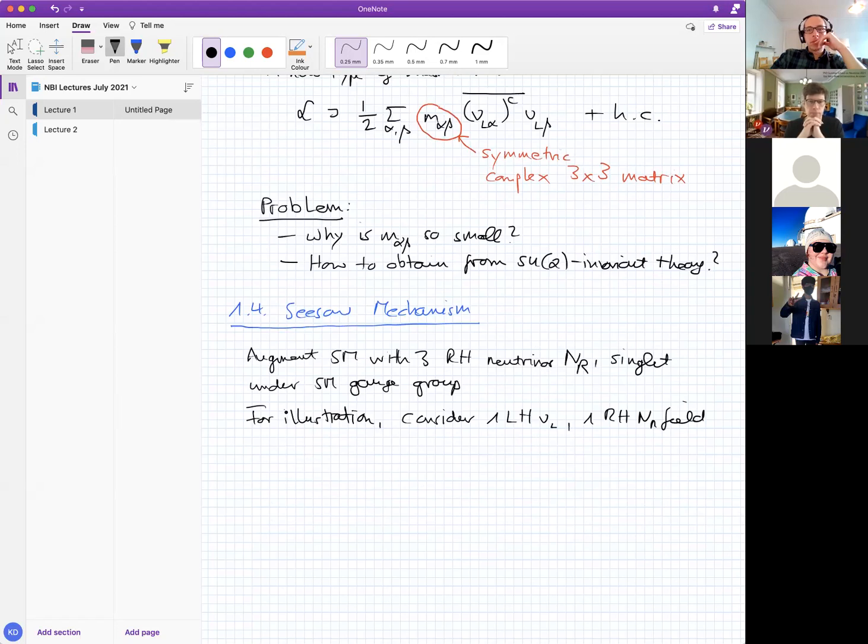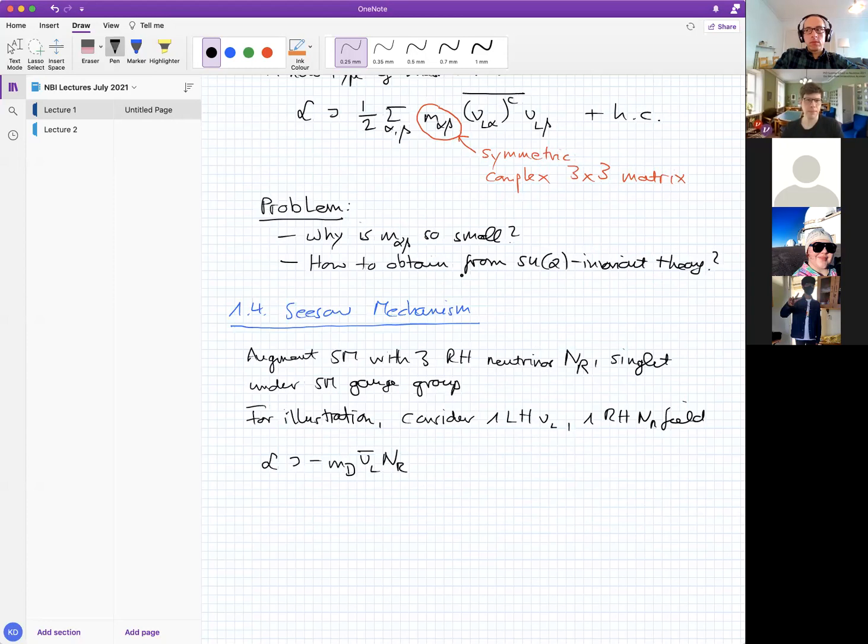Now, let's look at the most general mass terms we can write down. So we've already seen before that when we introduce right-handed neutrino fields, we can obviously write down a Dirac mass term like this, nu bar_L N_R. And the right-handed fields, now, if you look only at the right-handed fields, they are total singlets under the standard model.